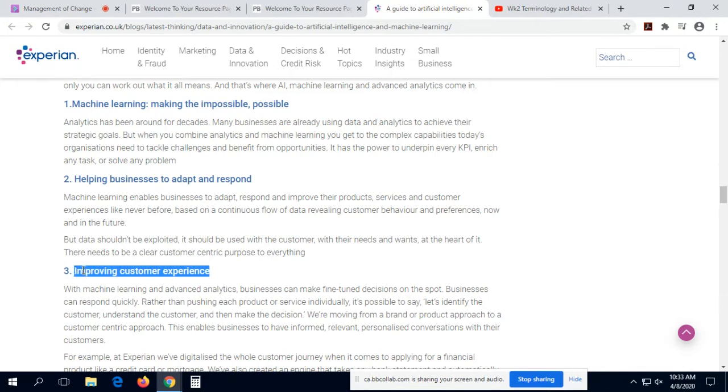If you are the customer, do you really know what you want in anything? Like when you buy a shirt, how do you buy the shirt? Maybe you like the color, maybe you like the price.